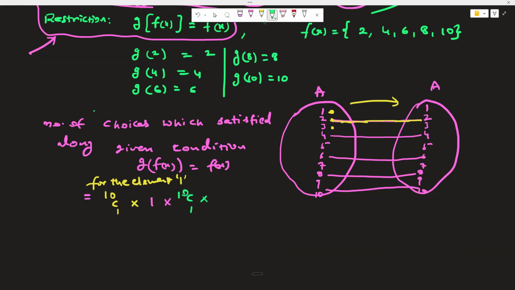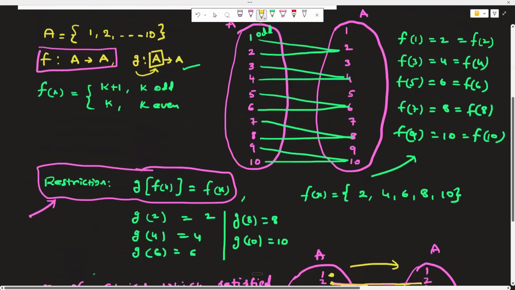Now you understood the procedure, how it is moving. So next for 4, it is 4 only. And next for 5, again 10 choices are available. And remember, it is a function.